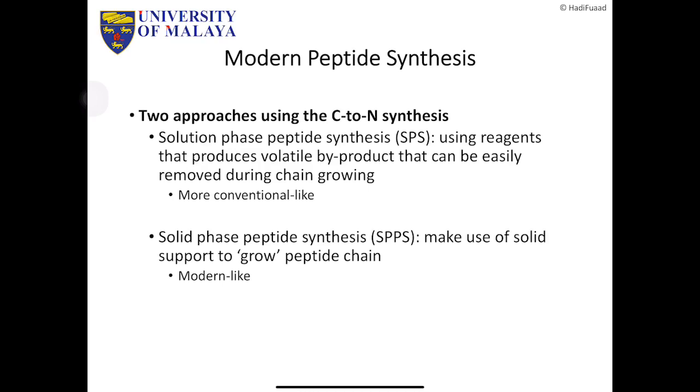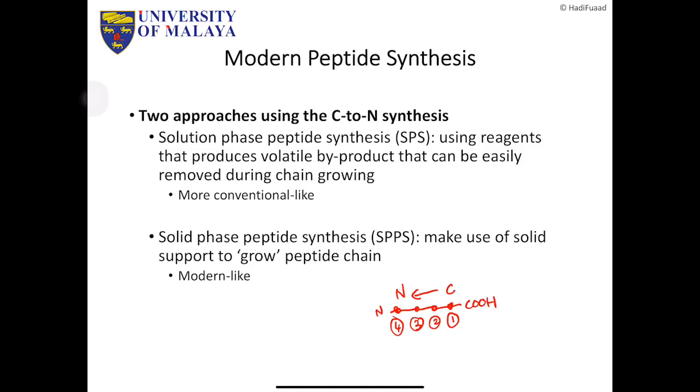Let's recall, C to N means that if you are to synthesize a four amino acid peptide, the C will always be your first amino acid, and then you grow it towards the N terminal. So this is what I mean by the C to N approach.